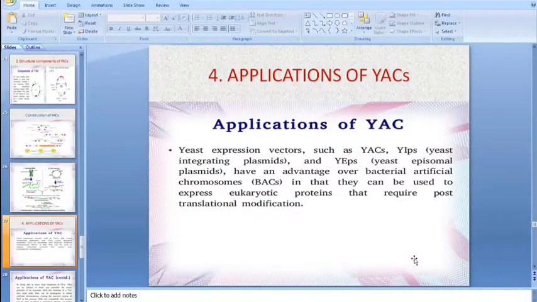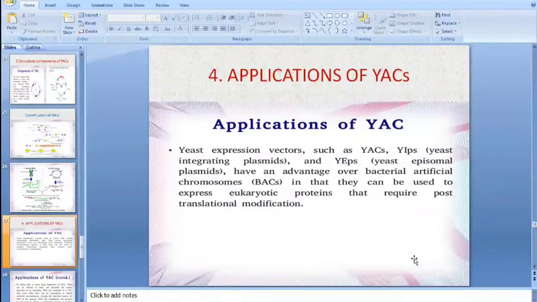That means they can express even after the translation, after the formation of the protein. So vectors are of two types.